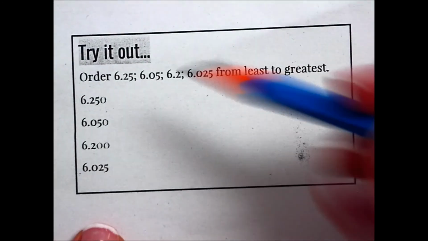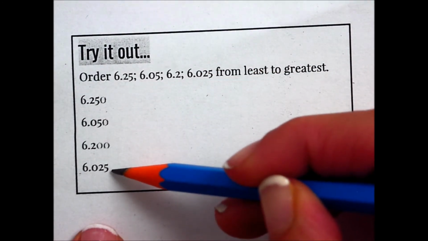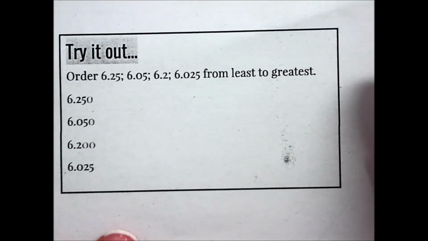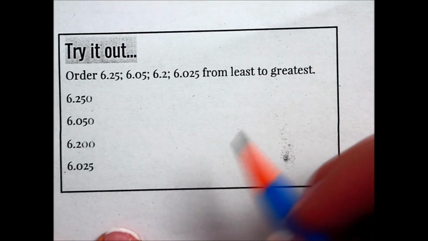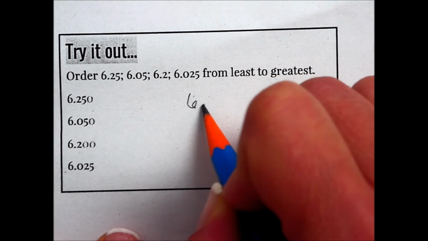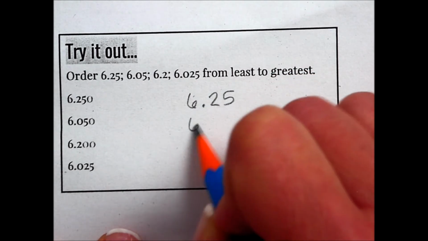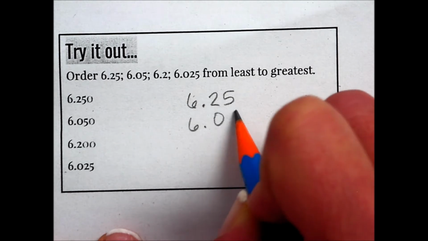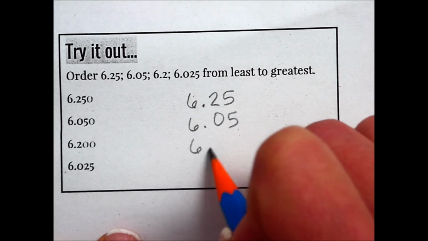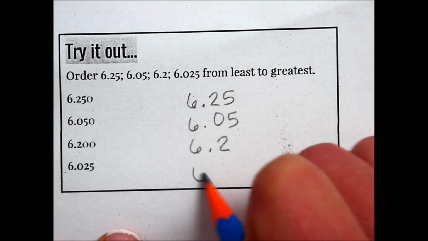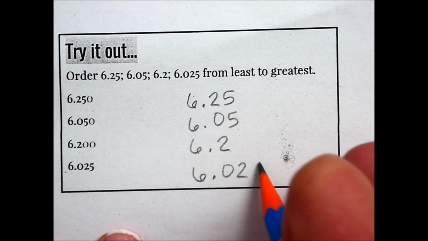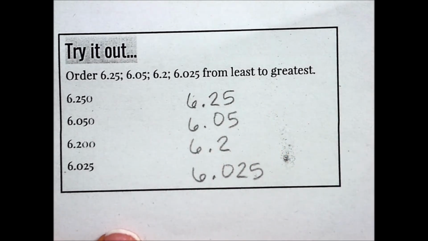Alright, so on this slide, I've already lined them up with my typing, but I'm going to handwrite them so you can see how I add the zeros. So I'm going to write each number. Now, students will normally think that this is the largest number because it has the most digits and it looks bigger.